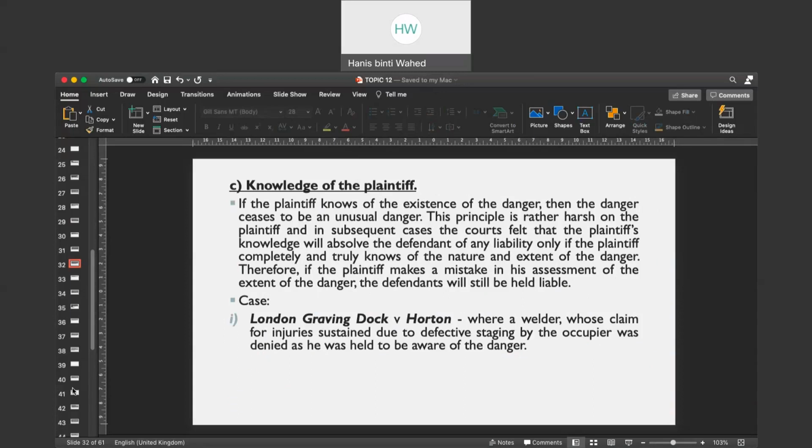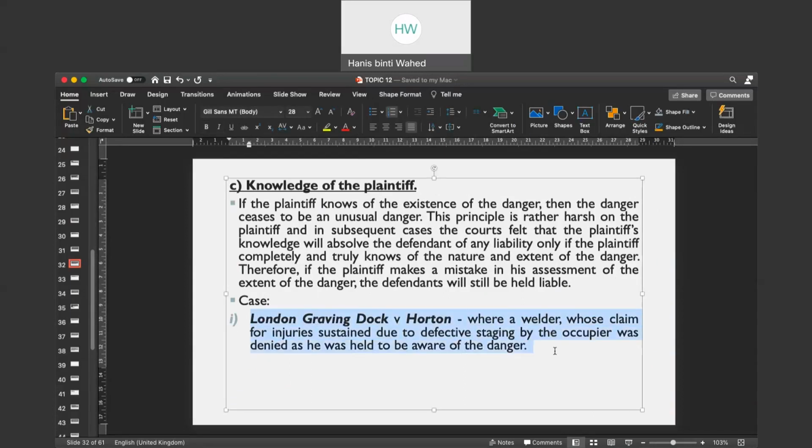For this one, you can refer to the case of London Graving Dock, where a welder whose claim for injuries sustained due to defective staging by the occupier was denied as he was held to be aware of the danger. He had knowledge of the danger. Because if the danger is known, we can presume that the danger is usual.